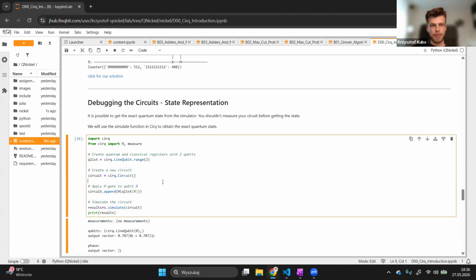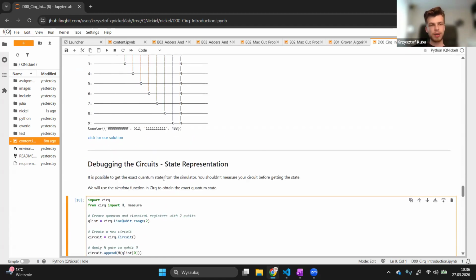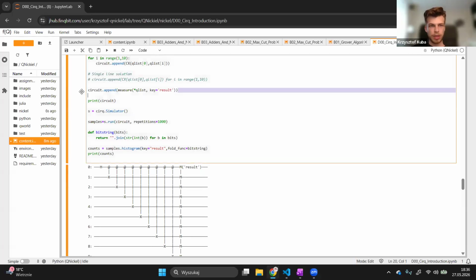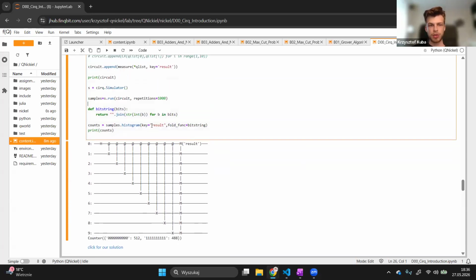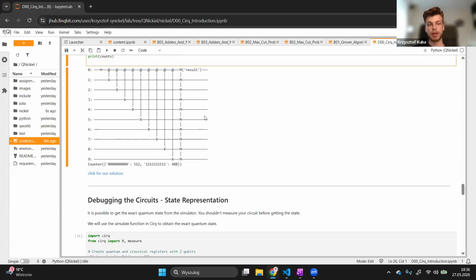Now, debugging the circuit and circuit representation. Before, with only the measurement, we had a simulation where after the measurement the quantum state collapses to either 0 or 1, and we can only see a bit string.